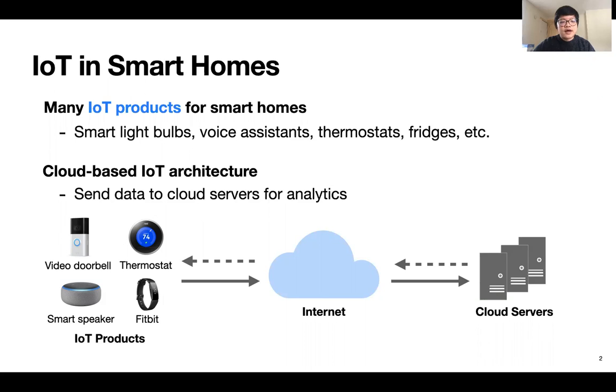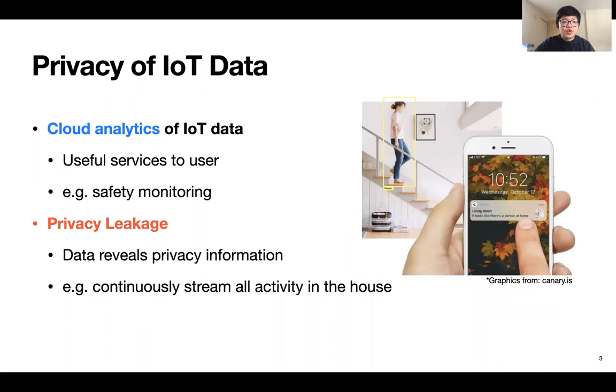Although they are designed for different purposes, they all use cloud-based architecture. Most IoT devices essentially send data to the cloud to do all kinds of useful analytics and provide useful services for the user. For example, an indoor home security camera that continuously streams video to the cloud can detect people and their faces.